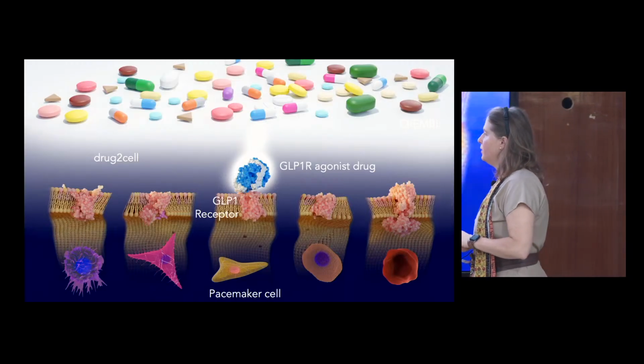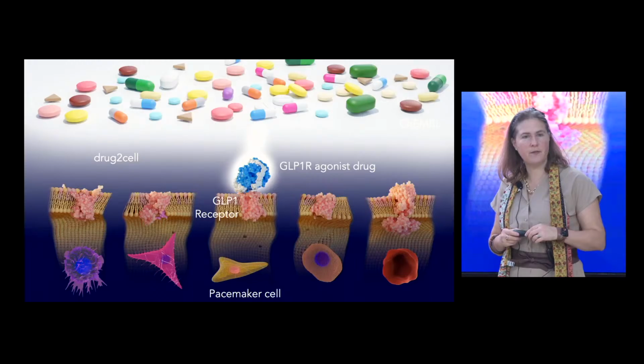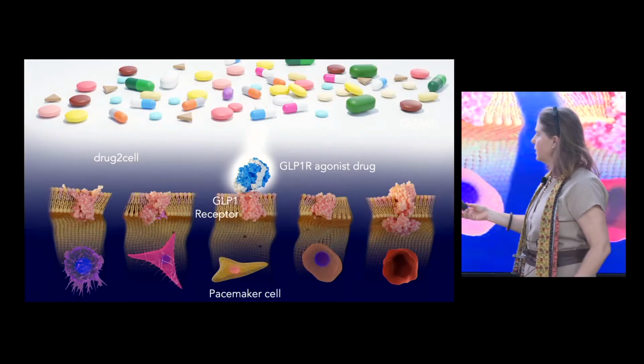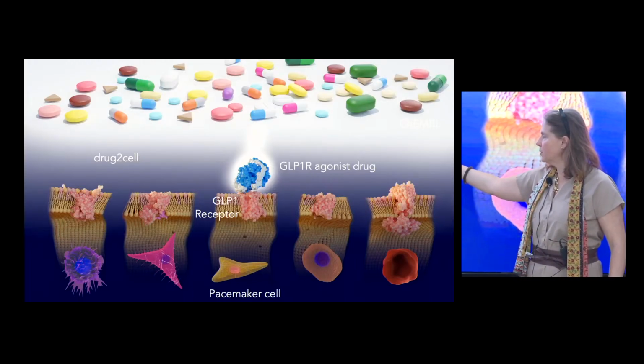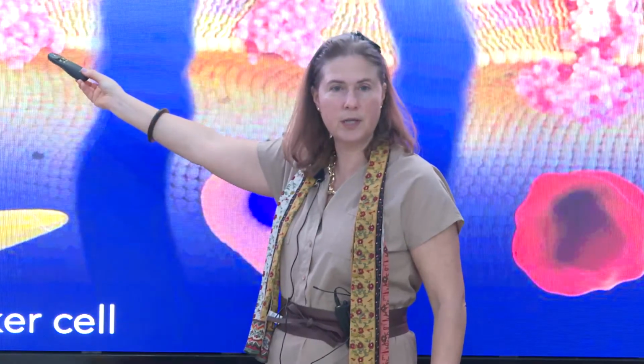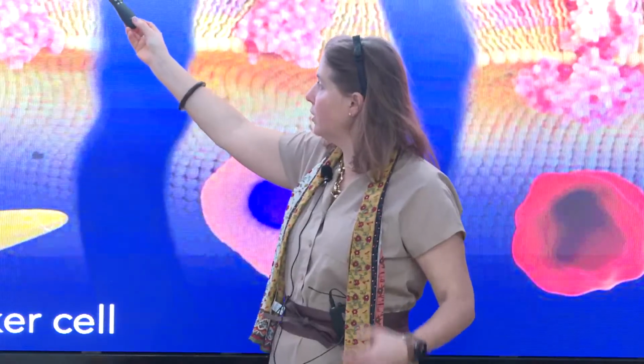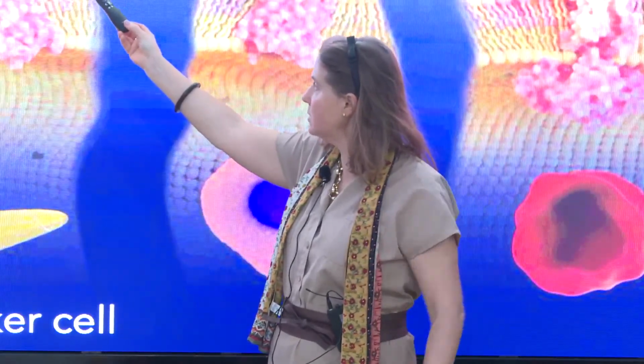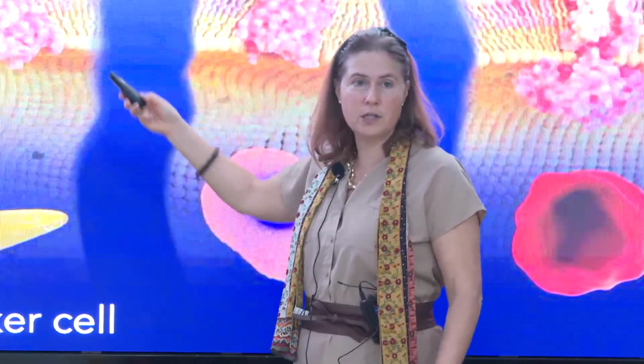So one really surprising finding that I want to highlight is that in these human pacemaker cells, but not in mouse, we see expression of the GLP-1 receptor. And the GLP-1 receptor is the receptor for GLP-1, which is the hormone that controls how hungry we feel.